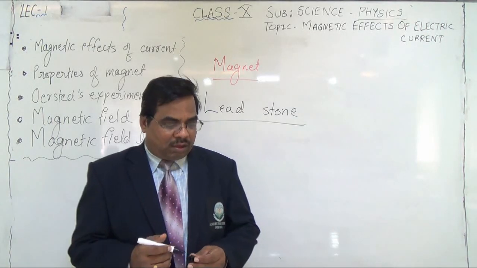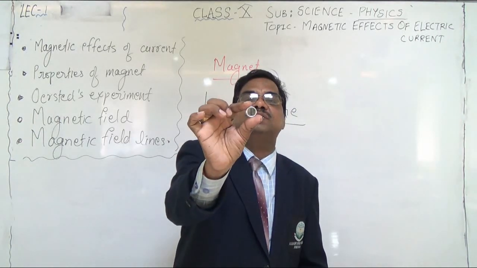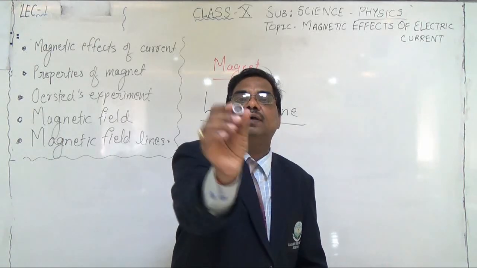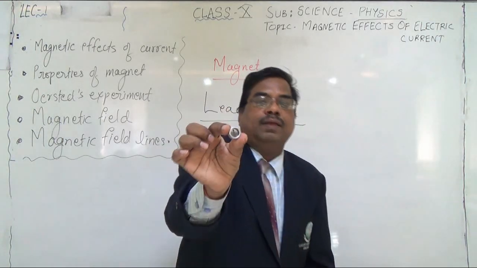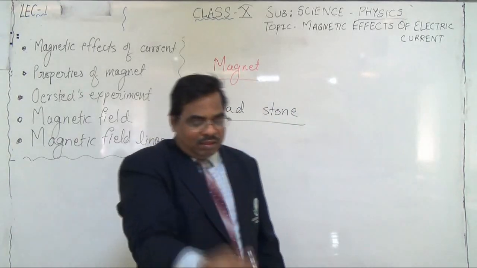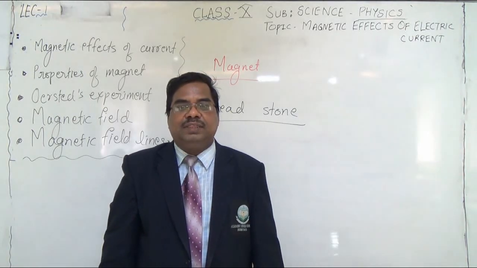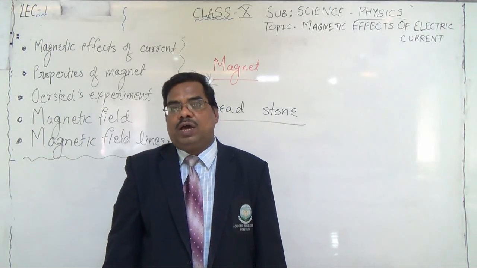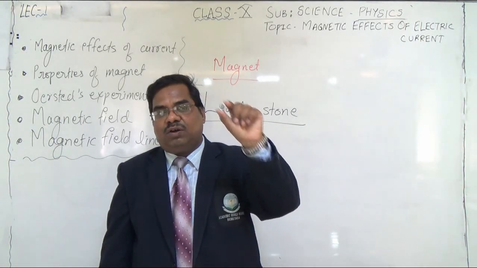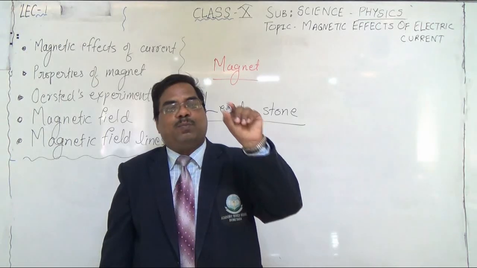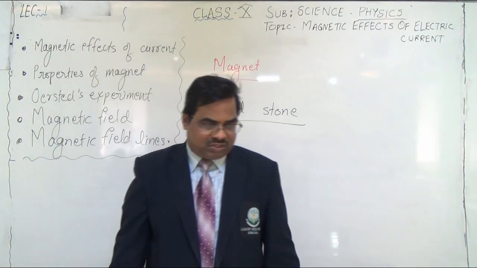So we make a compass. This is a compass. This is a small object, known as a compass. Sailors use it to find the direction in the mid-sea. Whenever you are lost anywhere, you can use it to find the north direction. It has a pointer, and the pointer will always point towards the north.